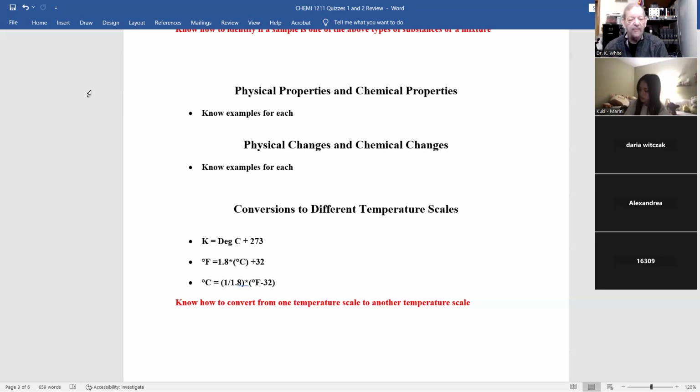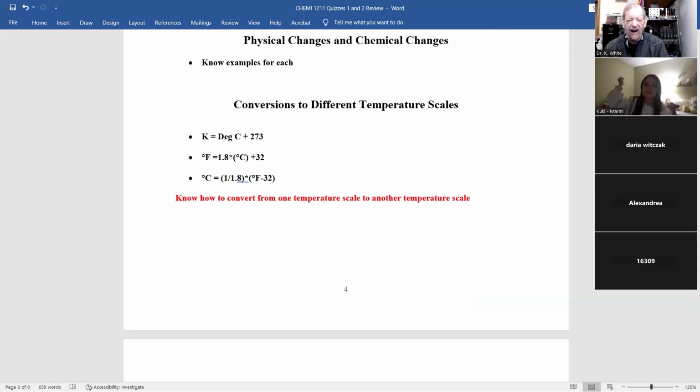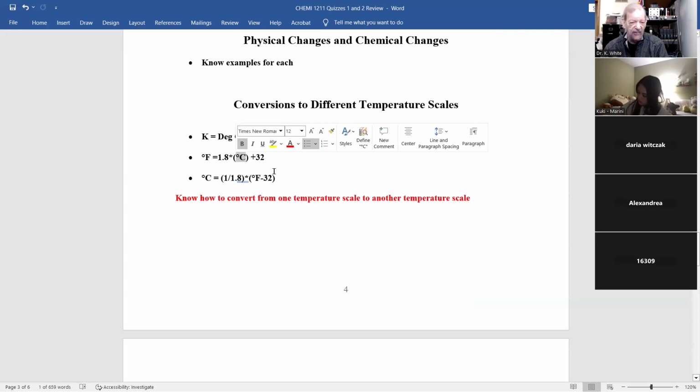All right, next, you need to know how to convert from various scales. Now, K is for Kelvin. Degrees C is Celsius or centigrade, the old name. And F, or degrees F, is Fahrenheit.